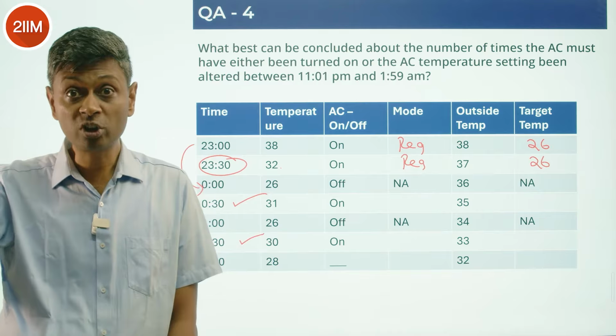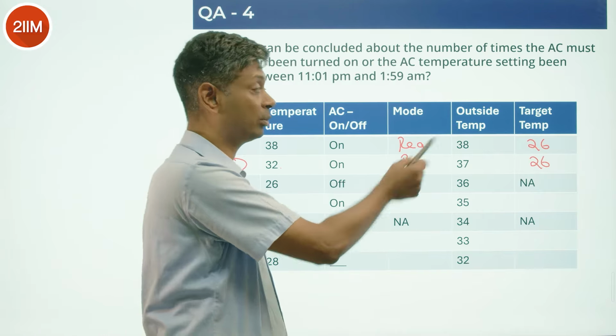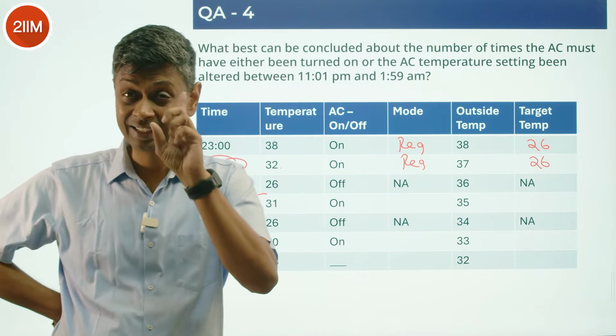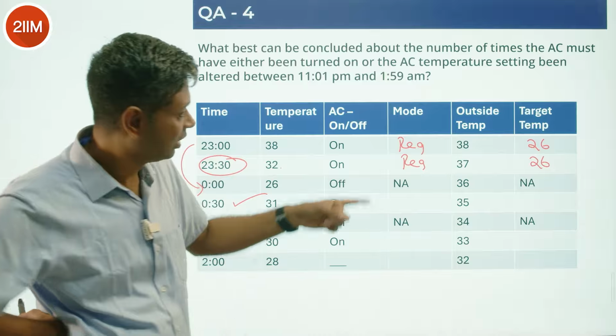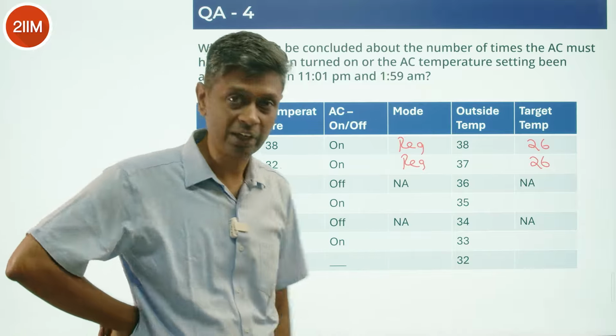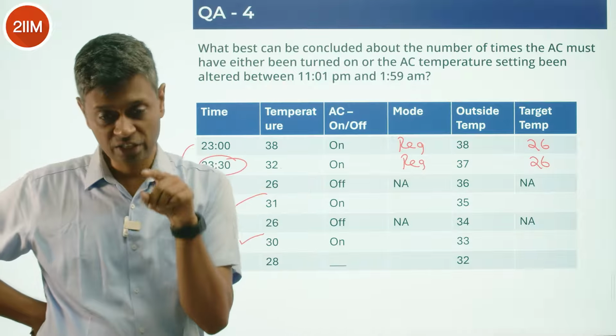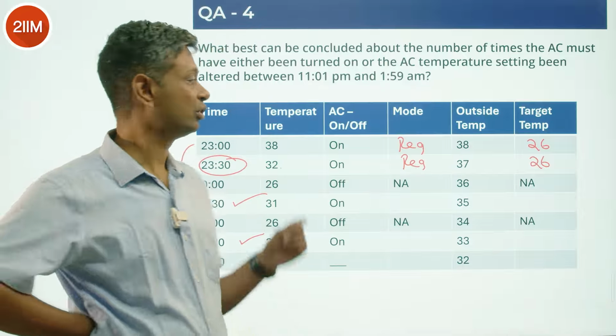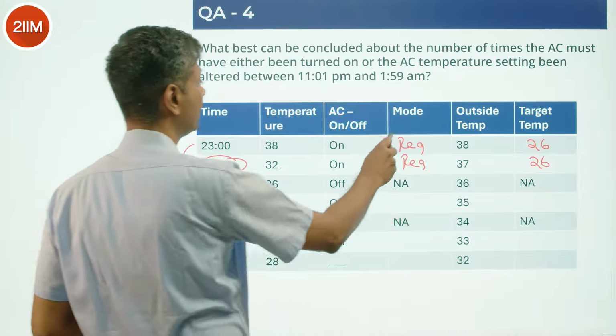There is one possible scenario where both could be regular with target temperature of 26, where I don't touch the remote at all at 11:30, except if this happens, it stays in regular mode for 1 hour, in power mode for 1 hour, and we know for a fact that it stays on power mode longer than it does for regular mode. So it is impossible that we had a setting like this.